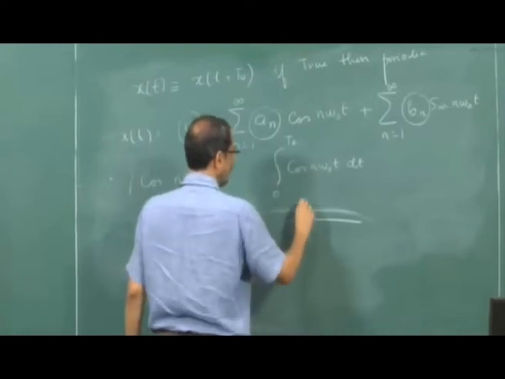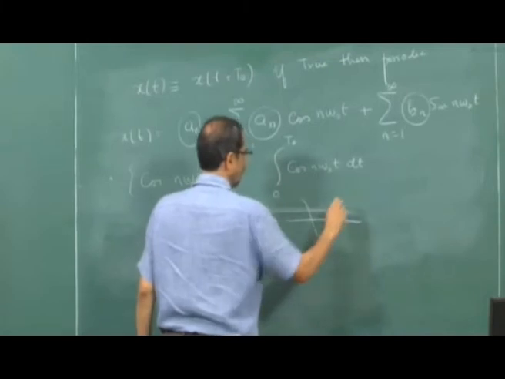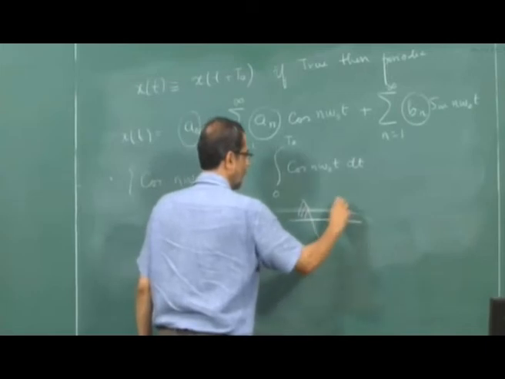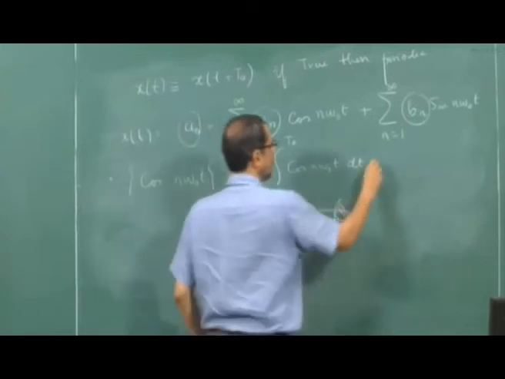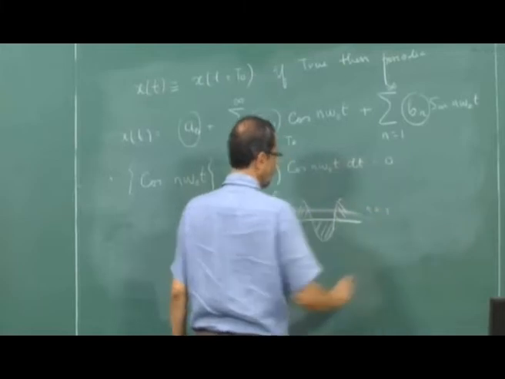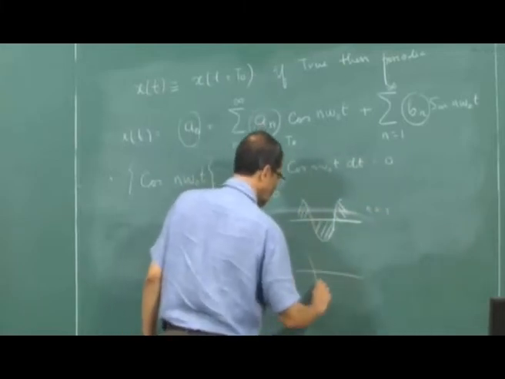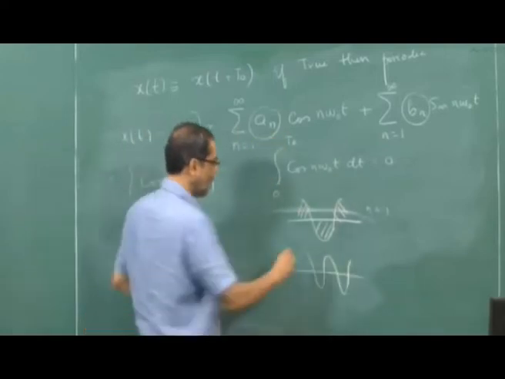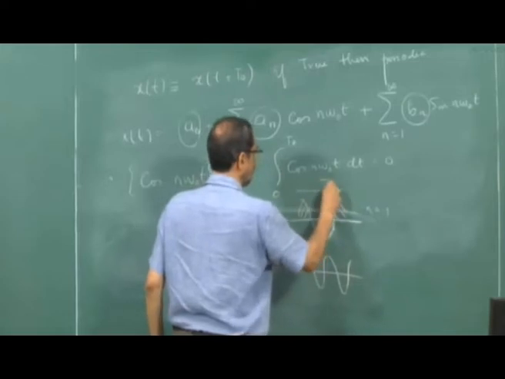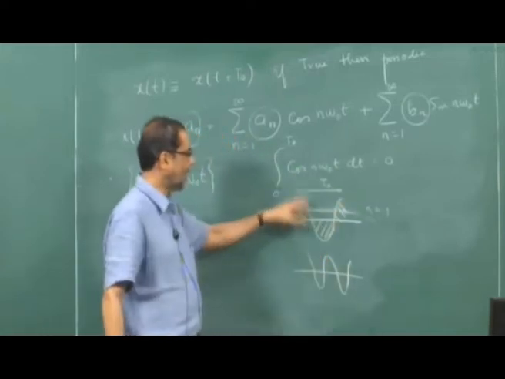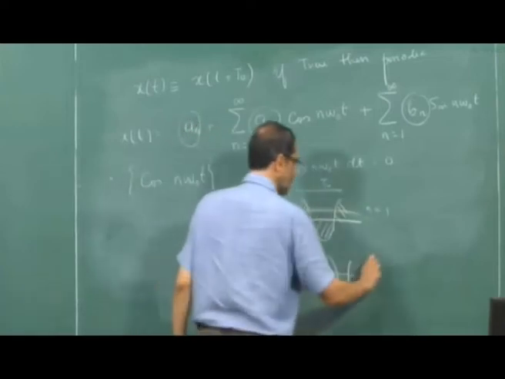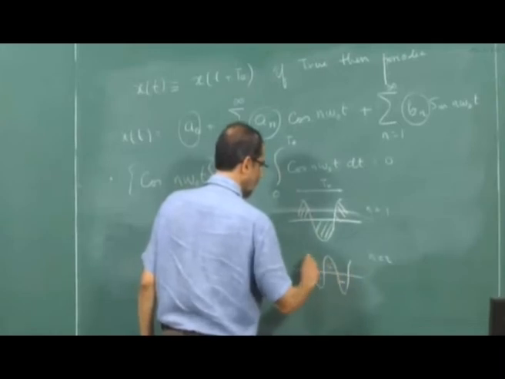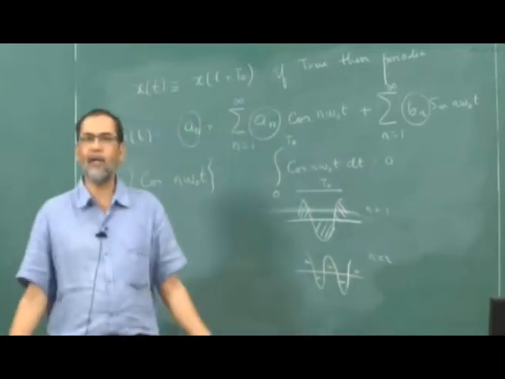So what he says is, if n is 1, then I have one cycle like this, the positive part is equal to the negative part. So this integrates to 0 for n equal to 1. n equal to 2 is 2 cycles in one period t naught. n equal to 1 is 1 cycle, area under that is 0, n equal to 2 is 2 cycles, area under that is 0 because this is negative, this is positive, and positive will be equal to negative.